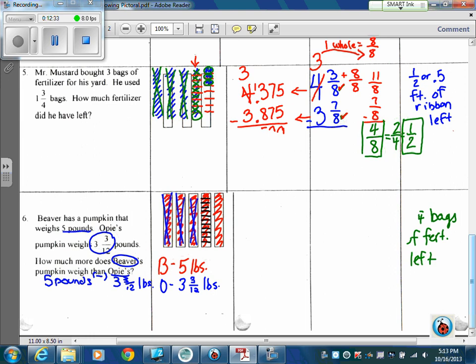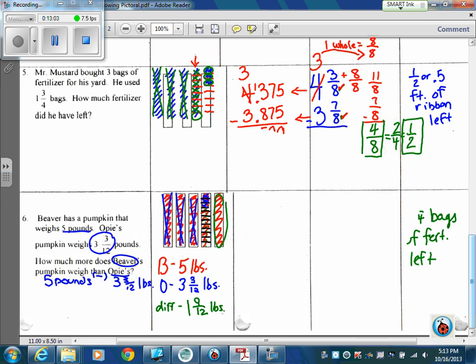And now I have 12 pieces, and now I can take away 1, 2, 3. So what it looks like we have left is 1 whole pound, and then 1, 2, 3, 4, 5, 6, 7, 8, 9 out of 12. So it looks like the difference is going to be 1 and 9/12 pounds heavier. That's what the heavier pumpkin is.